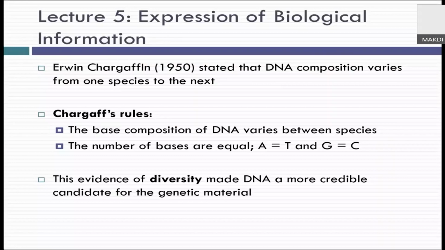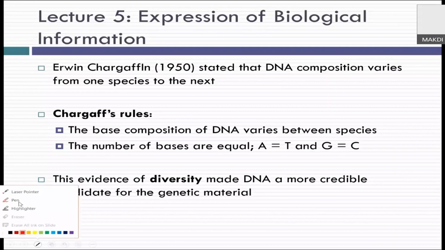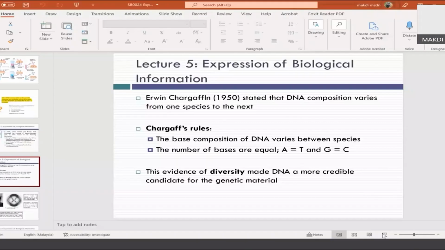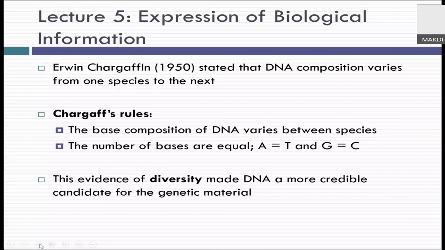So DNA has 4 words: A, G, C, T. I always write the A, G, C, T like this. It's easier for us to memorize.